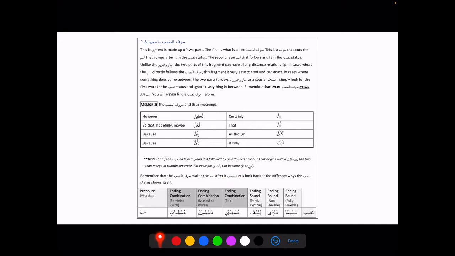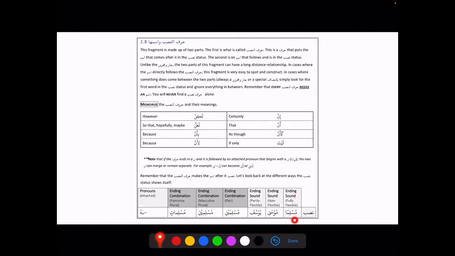And now let's look back at the different ways the nasab status shows itself. So over here, we can see how many different ways we can see an ism as nasab in status. So one way is ending sound, right?